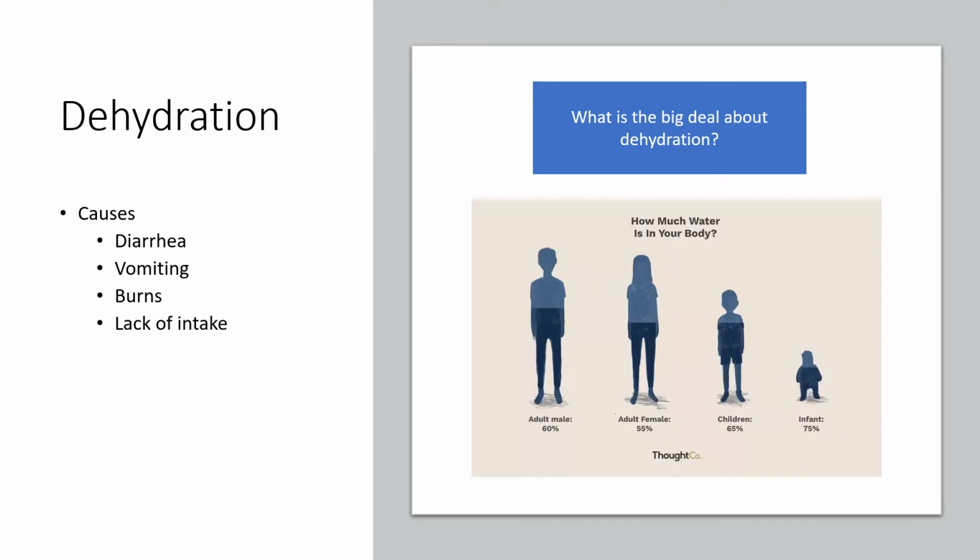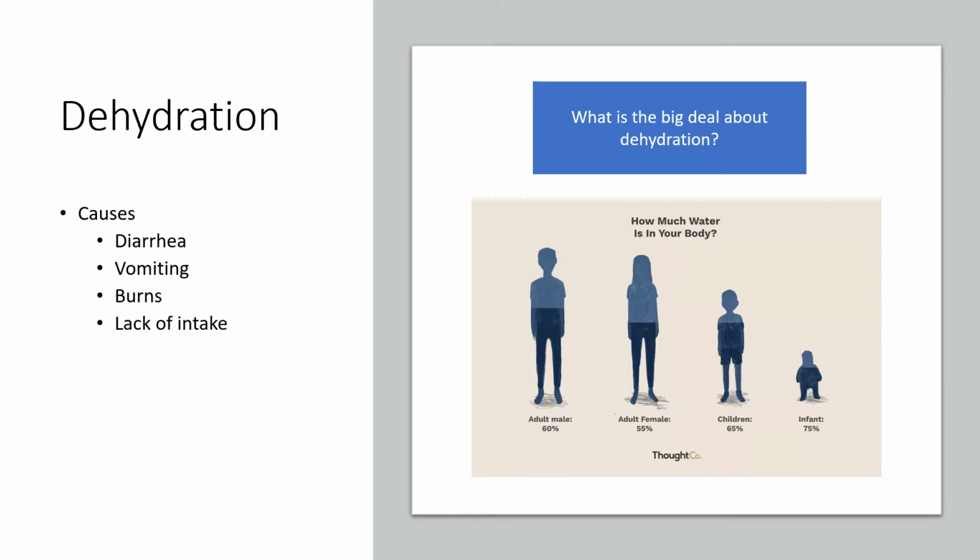Well, because this is what the body looks like. So if you look at our little infant over there, this is from Thought Co. If you look at the infant over there, you can see that the infant is about 75% fluid. Okay, this is telling you fluids. Some of the other pictures I might have shown you have solids on the bottom and then fluids up on the top.